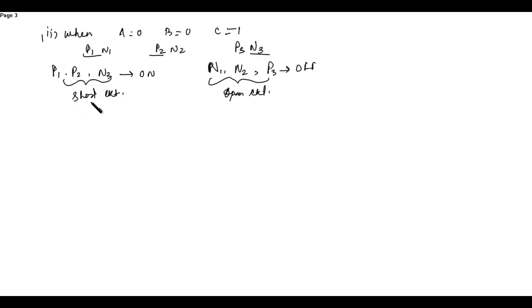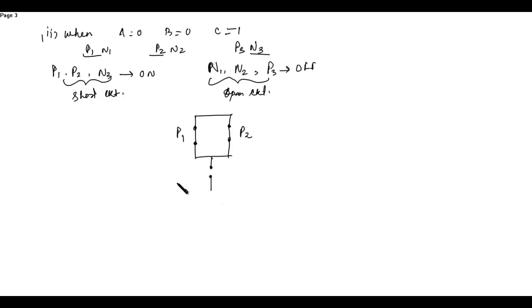Now P1 and P2 were in parallel and short circuited. So this is in parallel, this is P1, this is P2, they're in parallel and short circuited, while P3 is open circuited.